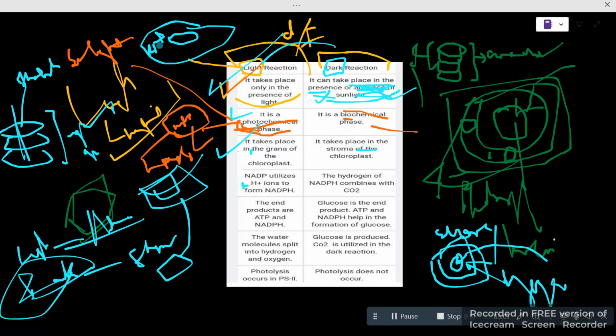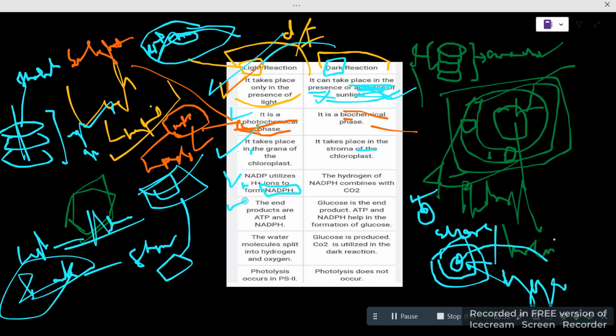So here you find NADP, you don't find NADPH, there's no H. But from this stroma, H would be utilized to make this NADPH. As this will be its product, we will discuss that as well. Here, the hydrogen of NADPH is combined with CO2. In the stroma again, that will be combining with the CO2 as it comes from outside. So this should also be very clear.